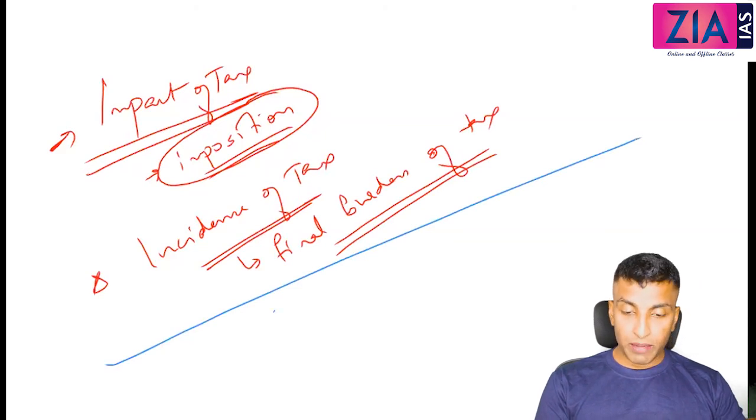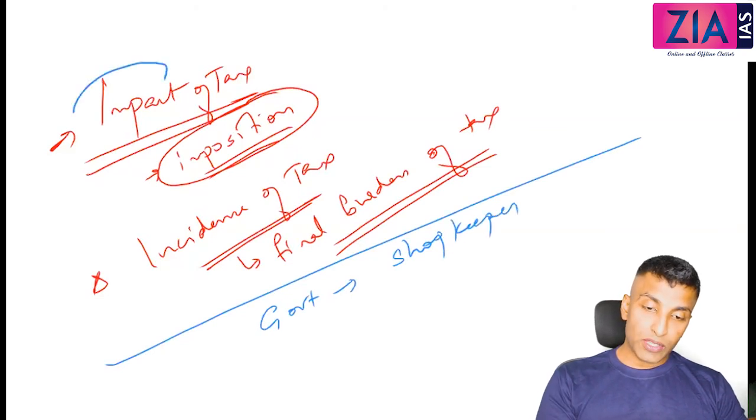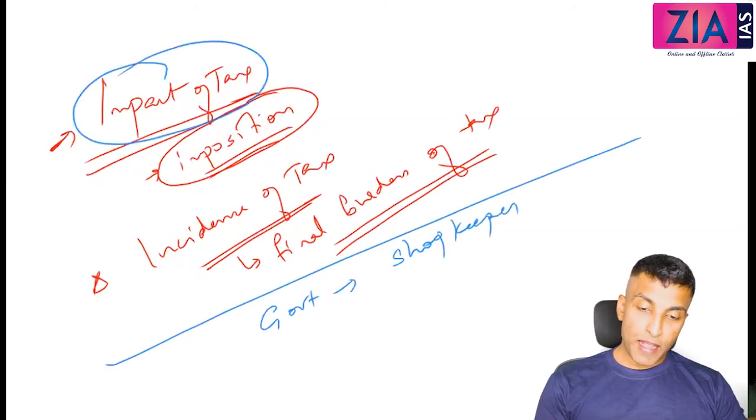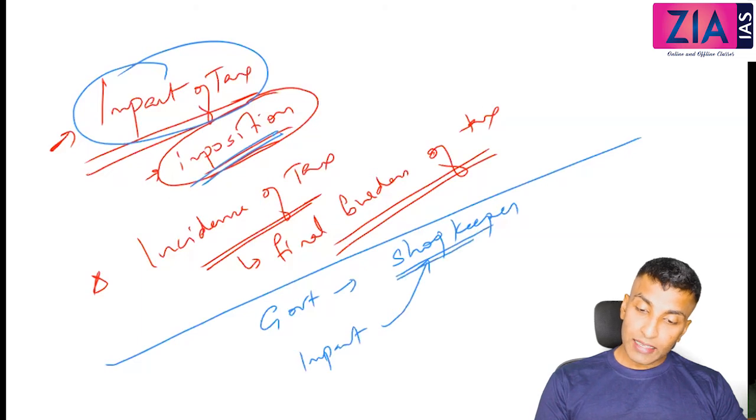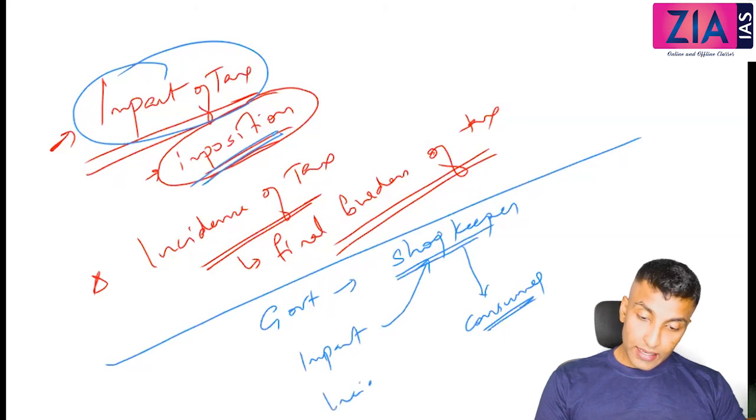So if government imposed tax on the shopkeeper, then when we discuss the impact of tax, impact of tax means upon whom it is imposed. So impact of tax is actually the shopkeeper. But what will the shopkeeper do? He will collect it from the consumer, right? So incidence is on the consumer.